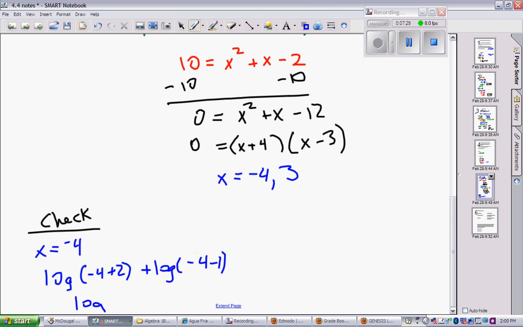That goes down to log of negative 2 plus log of negative 5. This goes to undefined.